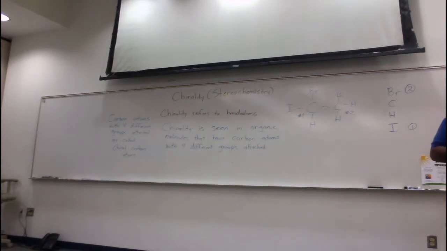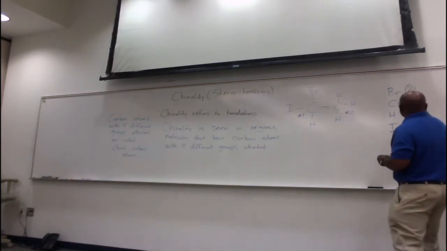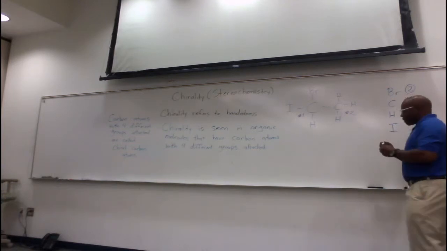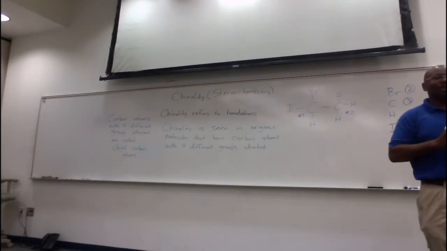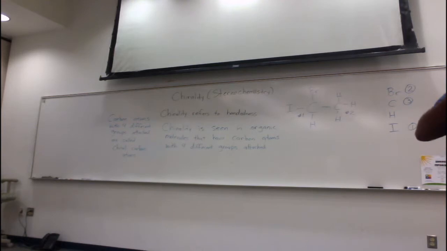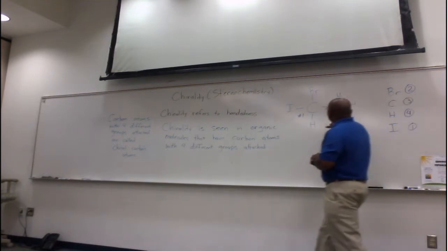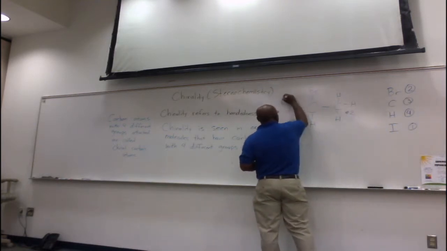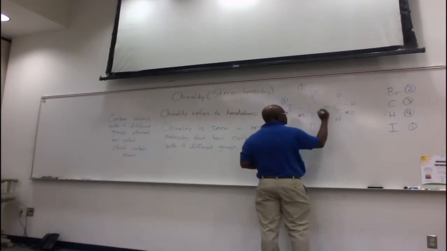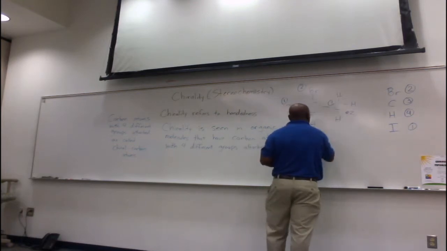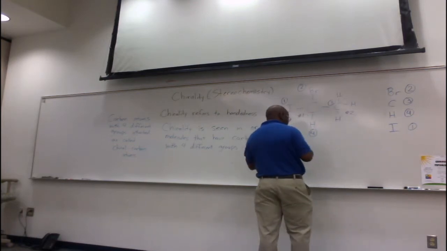The third highest atomic number, carbon, is given a value of 3. And the last, the one with the least atomic number, will be hydrogen, given a value of 4. So I'm going to put a 1, 2, 3, 4.